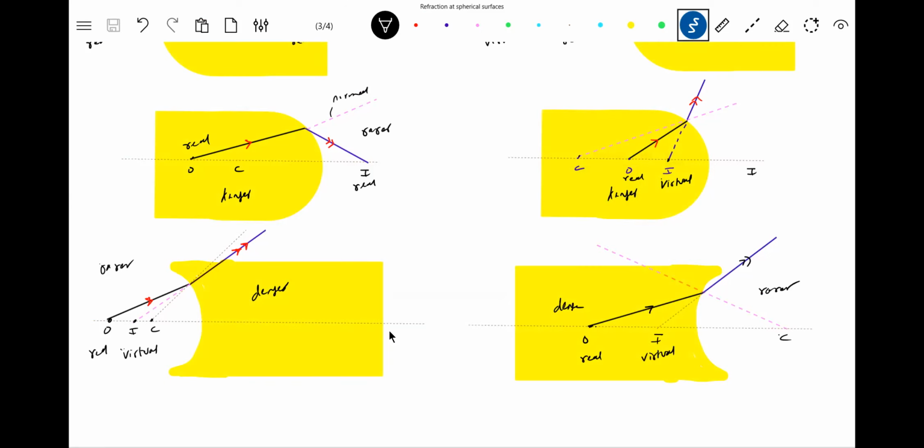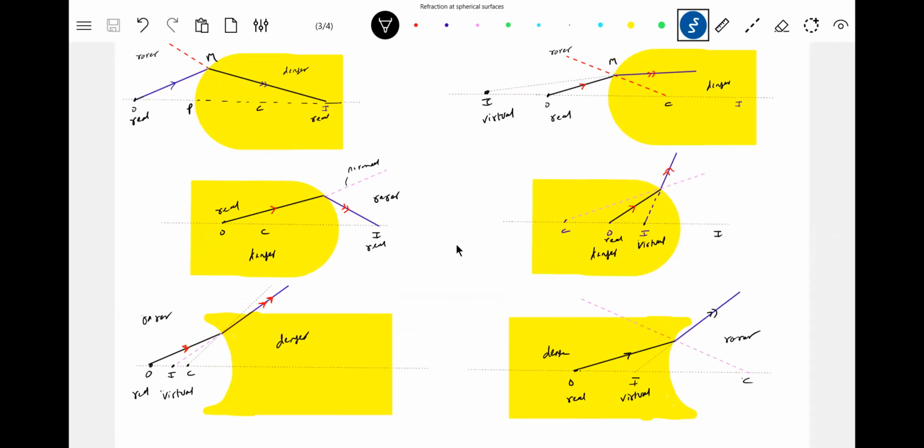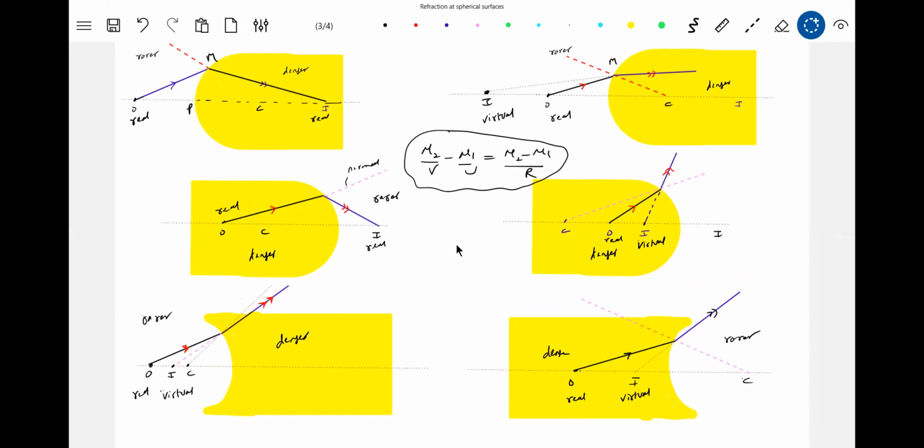Now in all the cases, is this formula applicable? The formula we derived in the previous section is very much readily applicable. You just have to use that formula here. So mu2 by v minus mu1 by u equal to (mu2 minus mu1) by R. This formula is applicable for all these situations.